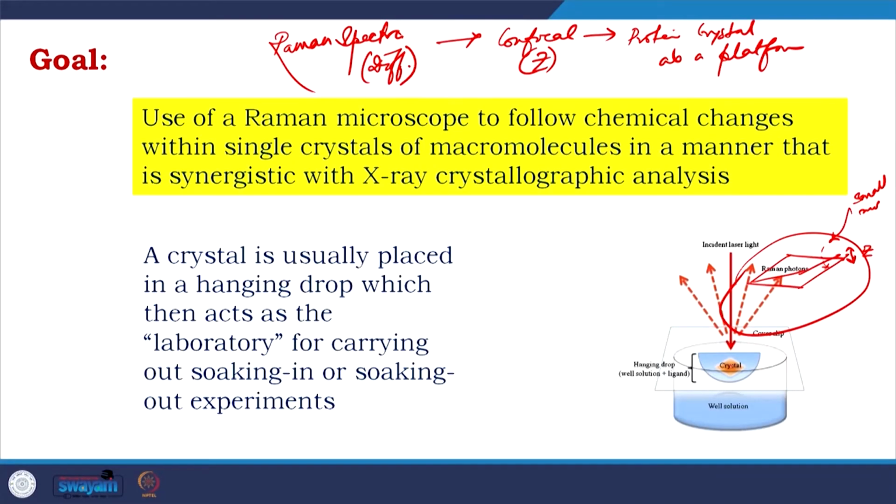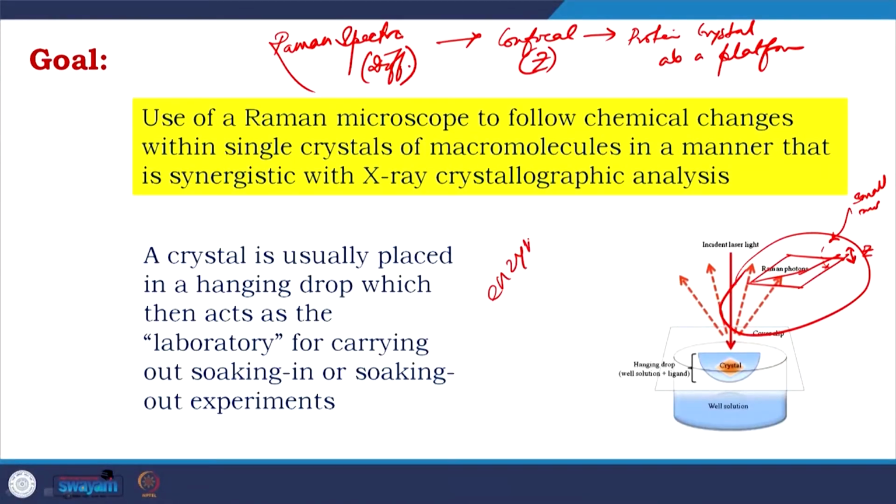So, see, this is the crystal we put here. Now, gradually the small molecule would be going inside the protein crystal. Now, the enzyme will react, that would change the molecule as I was talking. Whenever there is a change, there would be a change in the spectra.